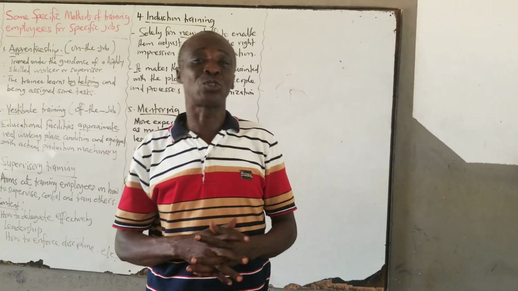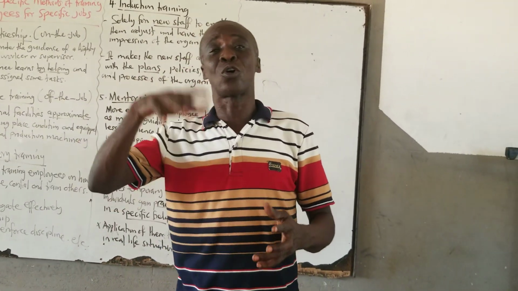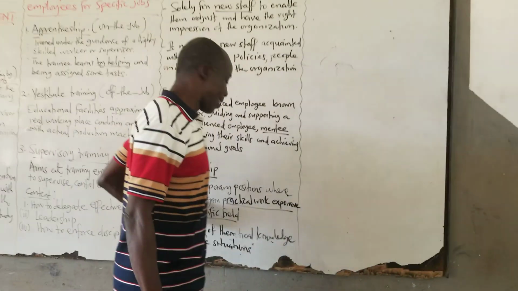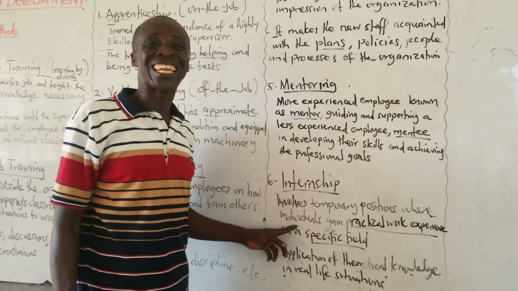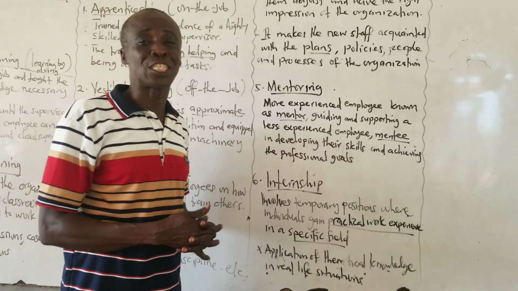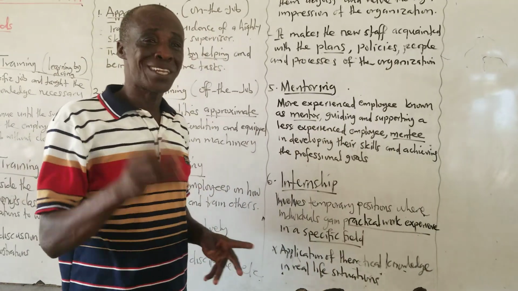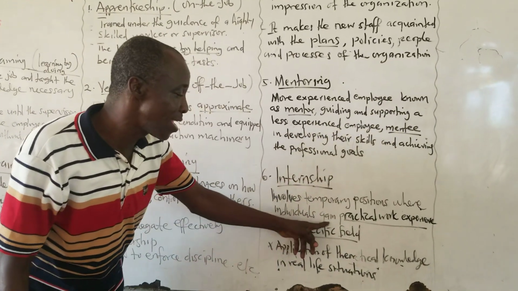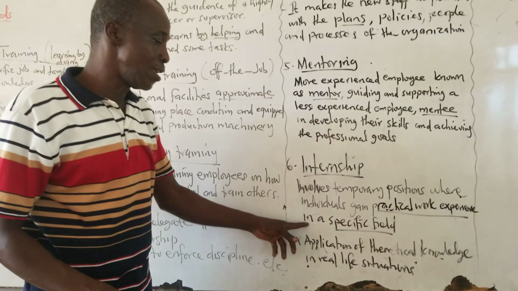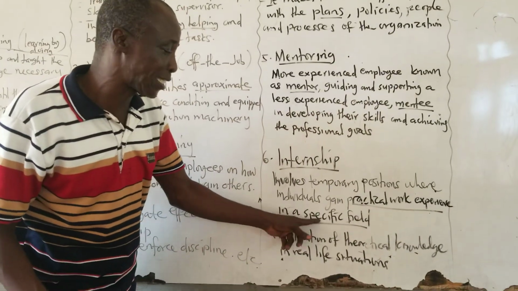Then when the school reopens, the person goes back, and comes again. That is intense. Why? The person is learning some theory in school, books on how to teach, teaching methods and what have you. The person wants to gain practical work experience in a specific field.